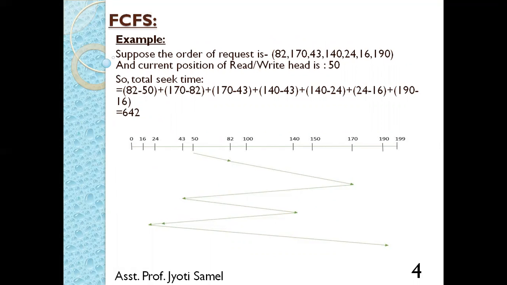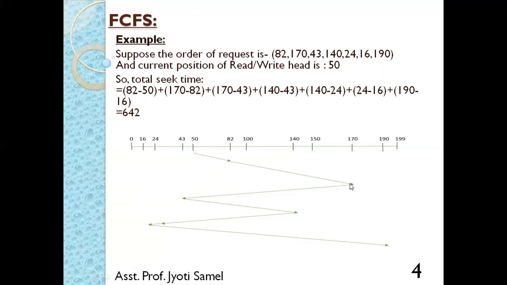Suppose the order of the requests is 82, 170, 43, 140, 24, 16, 190 and the current position of the read-write head is at 50. Now we will calculate the seek time with FCFS. As the head position is at 50 and the first request arrived is 82, it will serve the first one, that is 82.